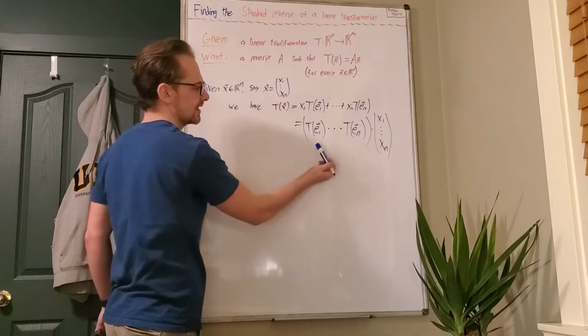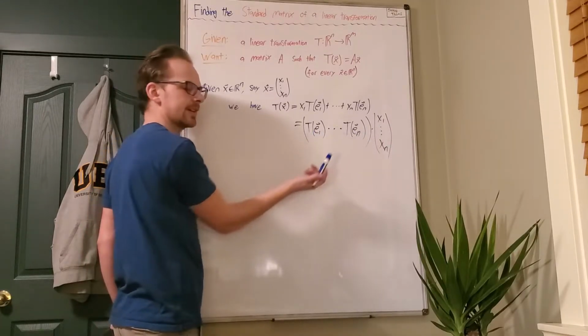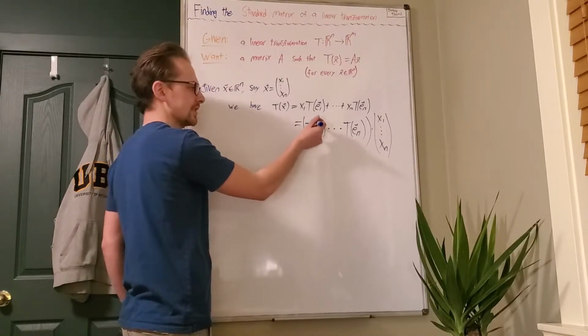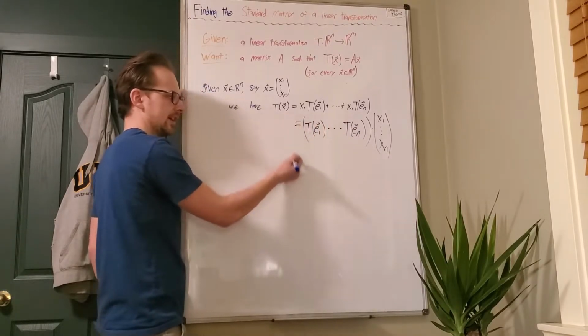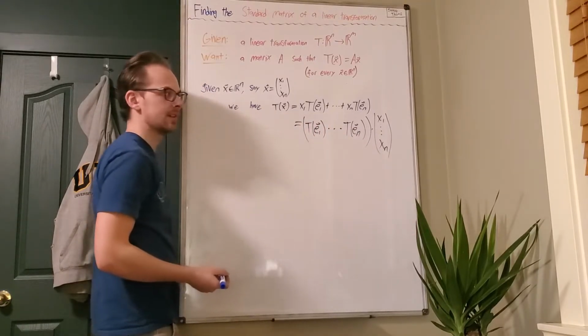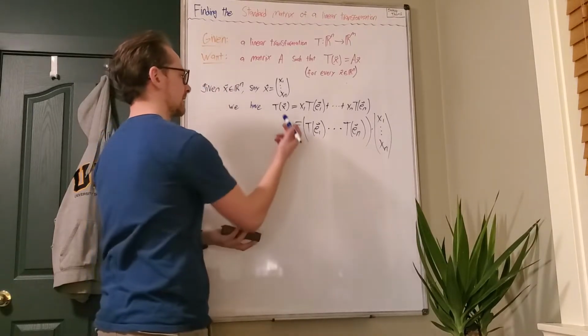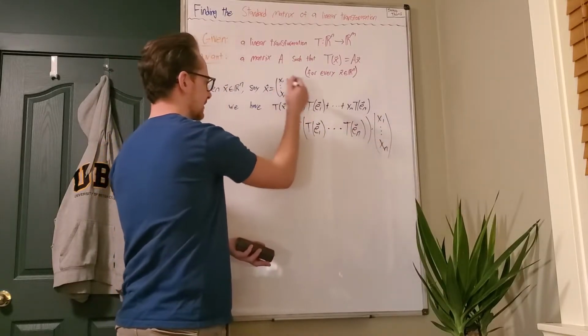And then this here, this is actually a matrix. It might not look like a matrix right away to you. You might say this is just a row vector, but no, remember that these are all vectors in Rm. So this has m entries, and there's n of them. So this is really an m by n matrix, right? And what we found is our matrix A here, right? We're done because this is T of x.